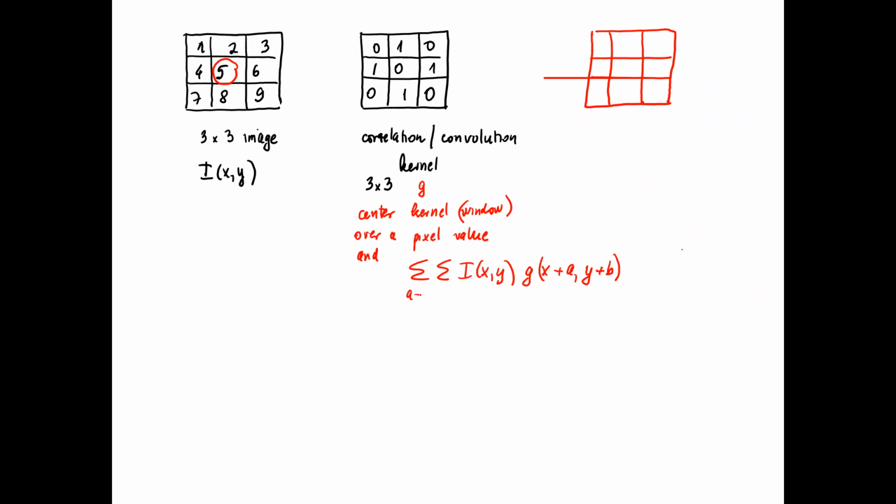And this a is going from, in this case, minus 1 to 1, and b is minus 1 to 1, right? And that's, so I have values minus 1, 0, and 1, that's 3 by 3 then, yes?